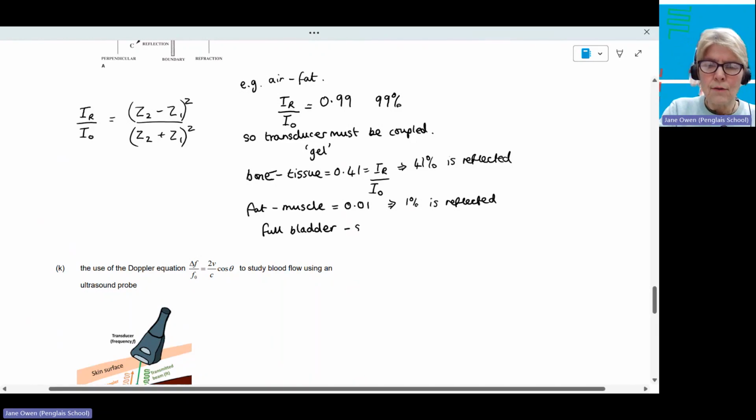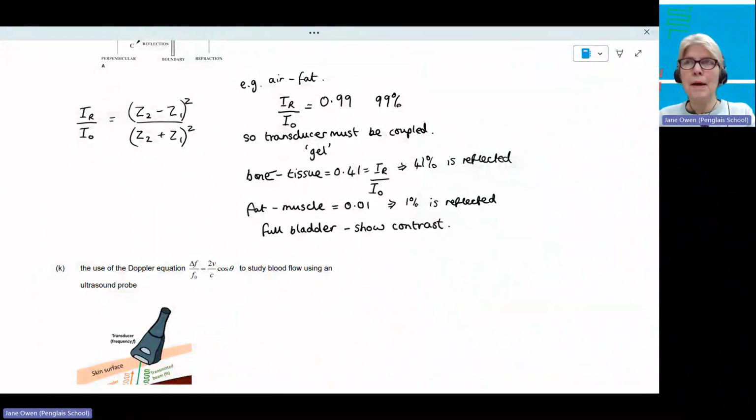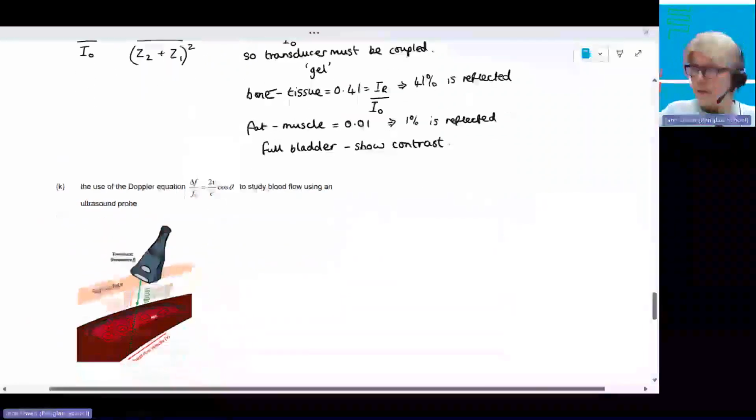So the full bladder is needed to show some sort of contrast. So on the one hand, you want it to go in by refraction and you want little reflection, but at the boundary of the different tissues internally, you want it to be reflected so that you can receive a scan back out. So hence a full bladder is needed.